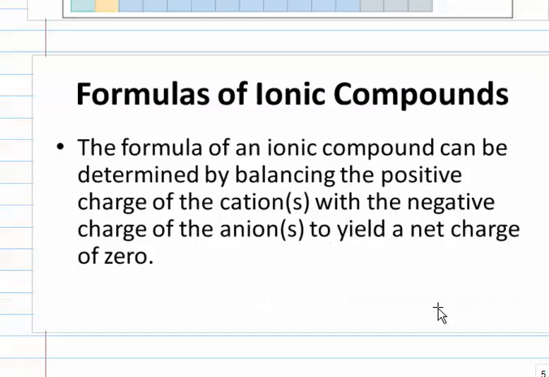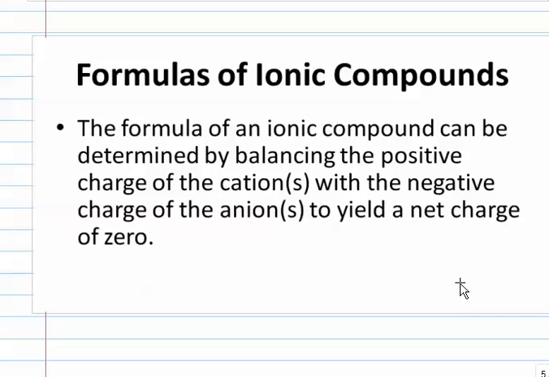And when these ions then come together to form ionic compounds, they do so in such a way that the resulting ionic compound has no net charge. That is, the positive charges of the cations exactly balance the negative charges of the anions. So the net charge is 0.